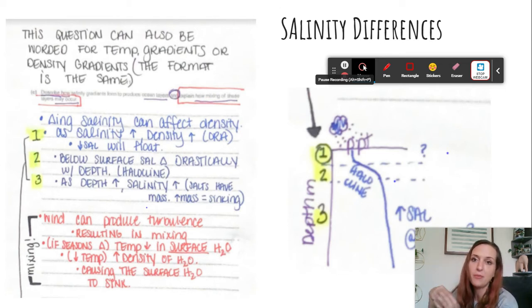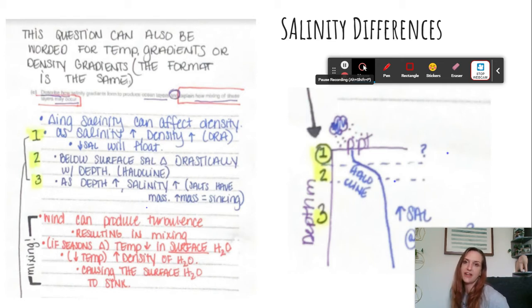So at the top, you could say, the reverse argument, sorry, you could say that if salinity is low, the density will be low. That will cause it to float. Or you could say if salinity is high, density will be high, and those things will sink. It made sense to say that the lower salinity will float because you're talking about the surface.